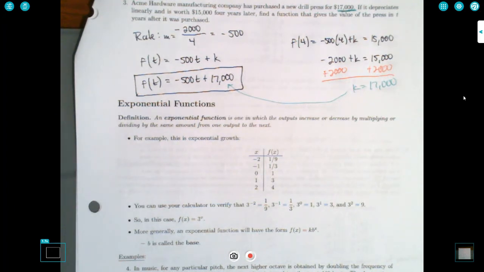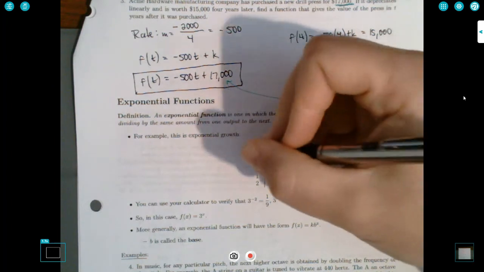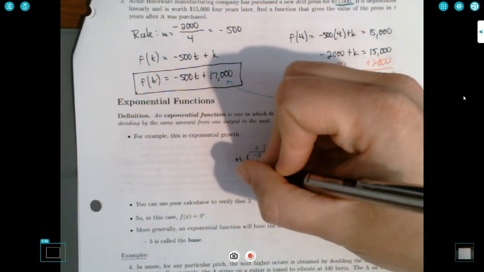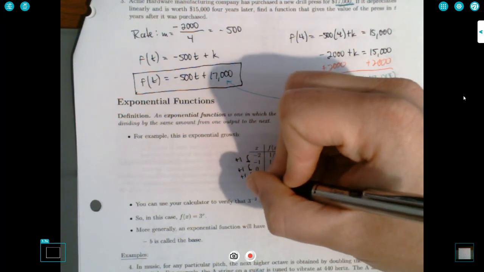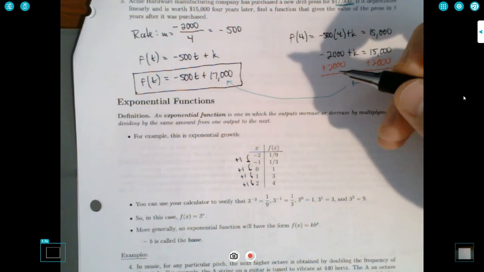So for example, here's some exponential growth. Notice that our inputs are increasing by adding 1 each time. But our outputs, something strange is happening there.